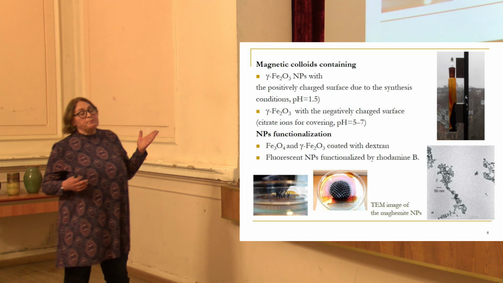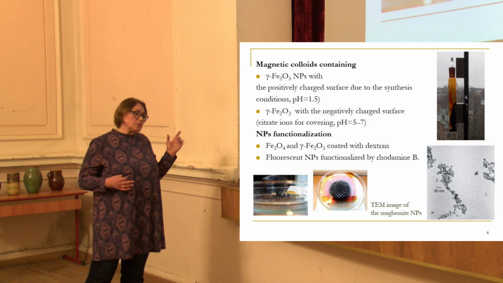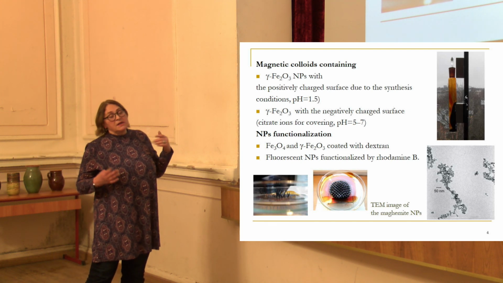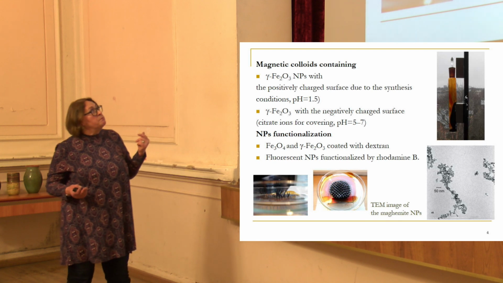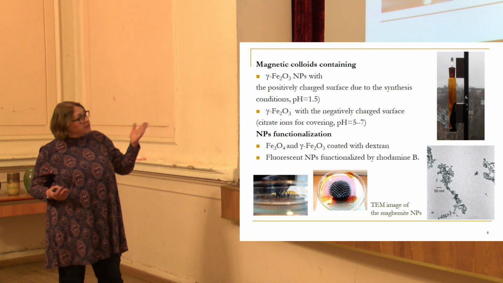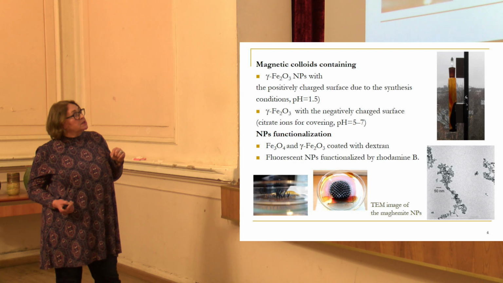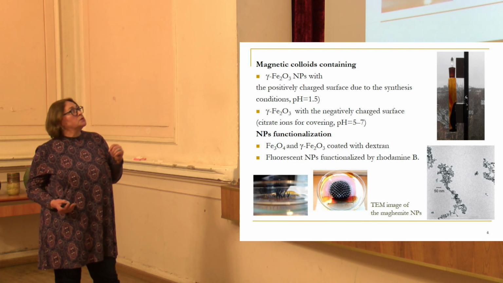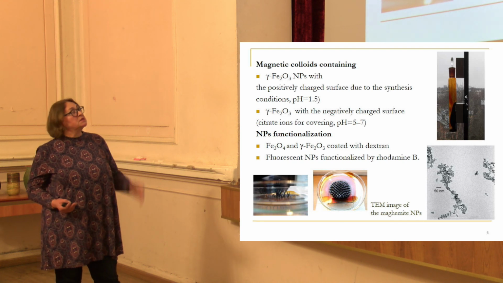Particles were functionalized with polymers such as dextran, and magnetite and maghemite nanoparticles, and we can make some fluorescent nanoparticles.